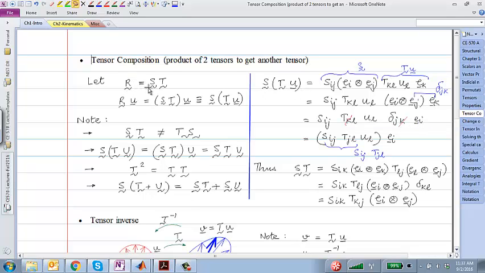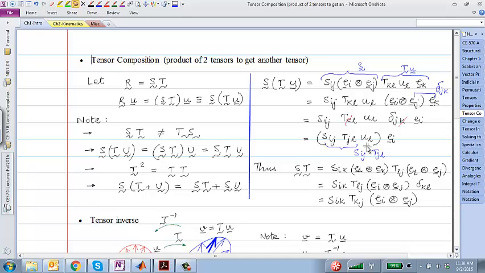If I have two tensors S and T, I could be composing them to come up with a tensor R. In terms of components, what that means is that I would take tensor T, act it on U first. Whatever I get would be a vector. Then this tensor acts on that resulting vector to give me yet another vector. And we went through all of this calculation to finally see that the vector that we get is this long expression.